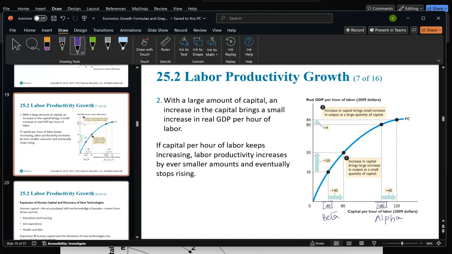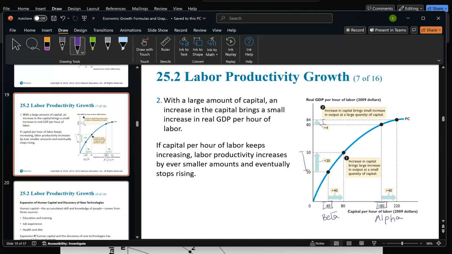Next, let's see. This one is increasing by 40 units of capital per hour of labor, and for alpha, it's also increasing by 40 units. However, we see this increase is 20 and this increase is 4.